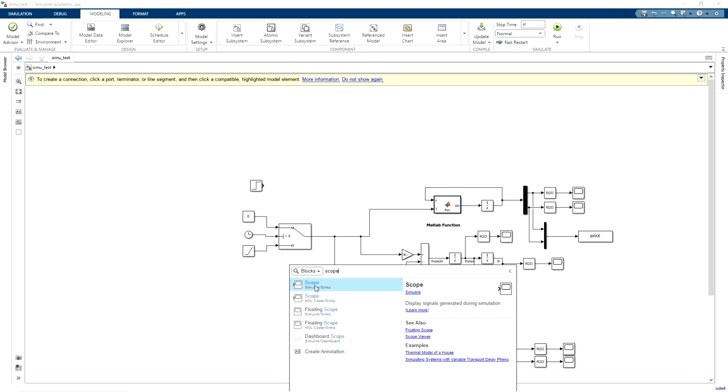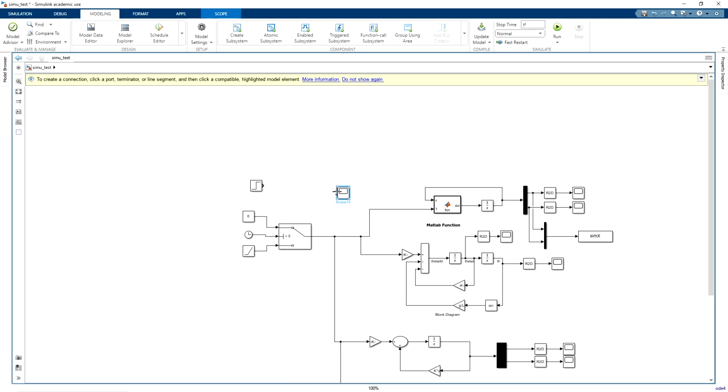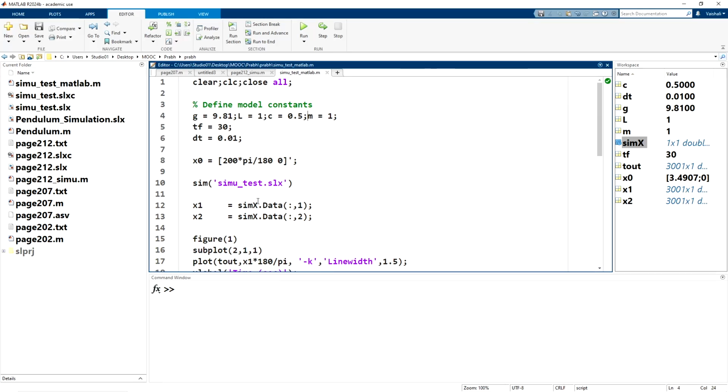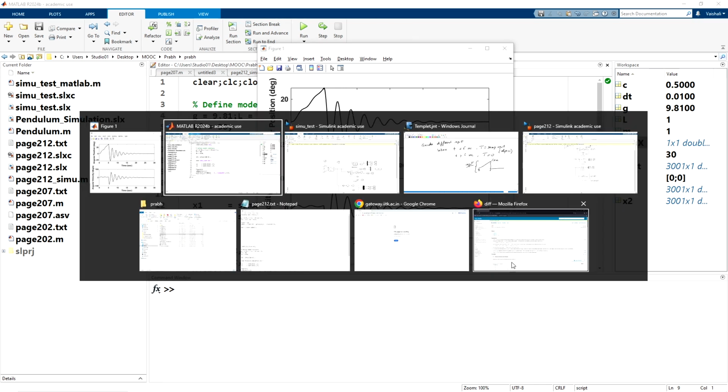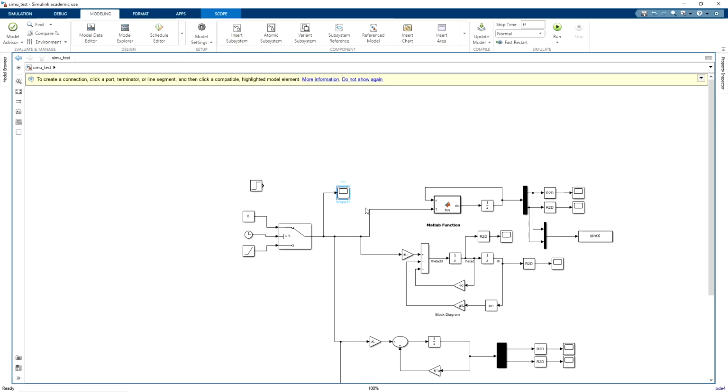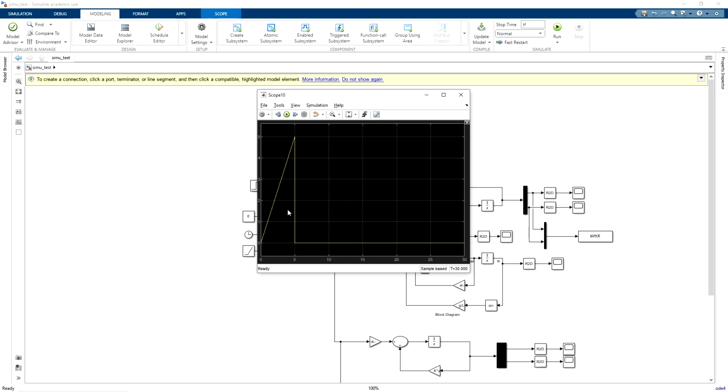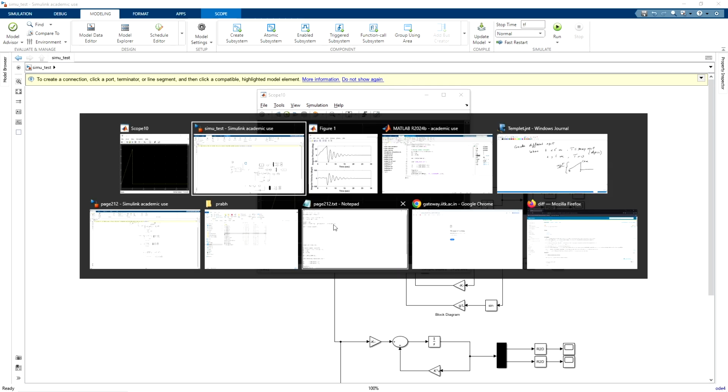We will put a scope here. All right, I am saving the model, and let us put the initial condition back to 0 just to check how it is working. So you can see here, before checking the response, let us see the input. Yes. Now the input is increasing linearly with a slope of 1 up to 5 seconds, and then it is 0. Now, see the response of this.